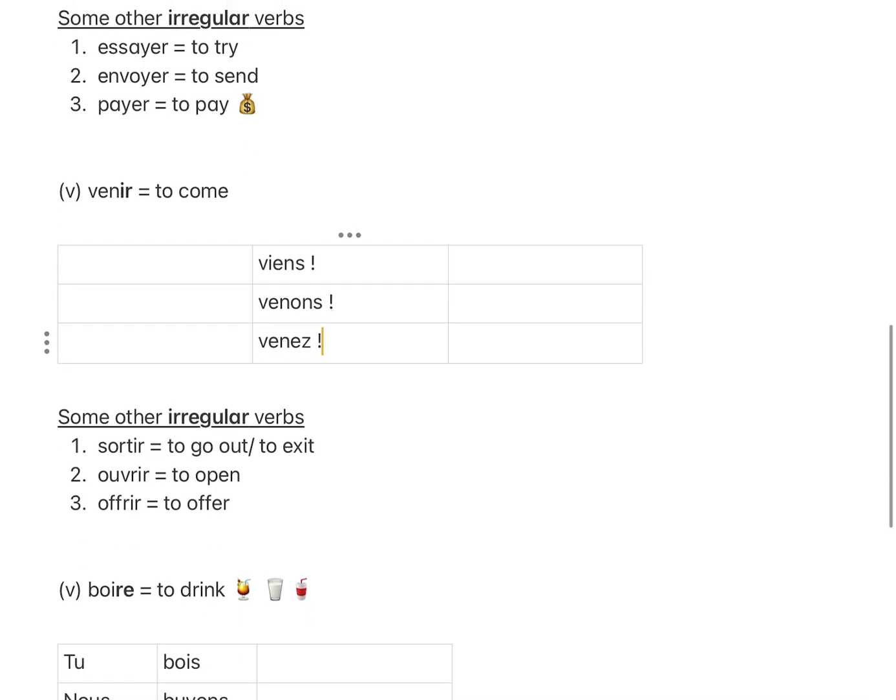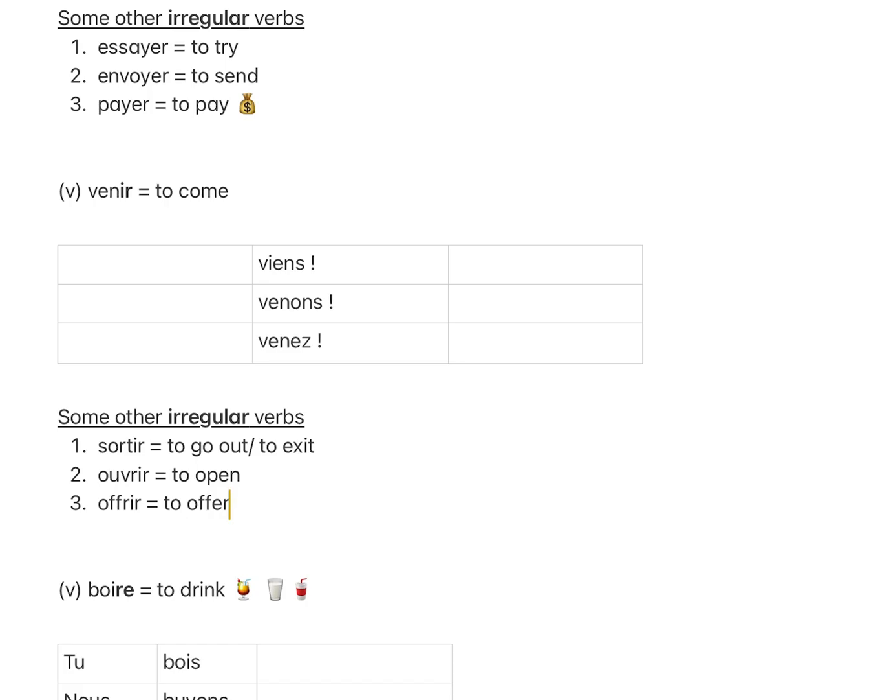We have also some other irregular IR verbs that will be following the same steps that we just saw. They are sortir, which means to go out or to exit, ouvrir, which means to open, and offrir, which means to offer.